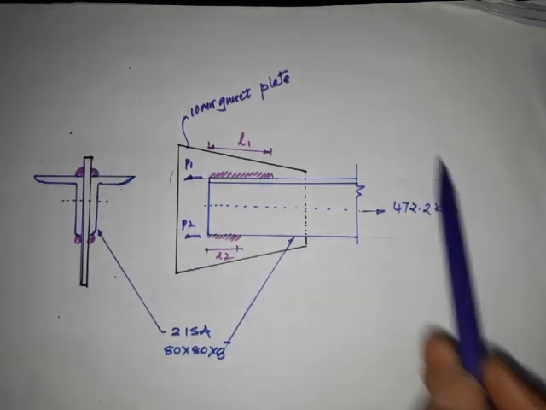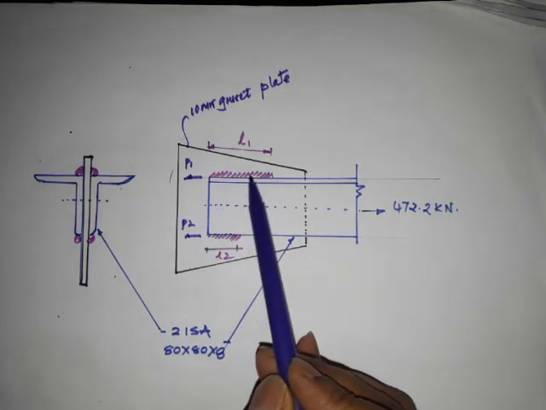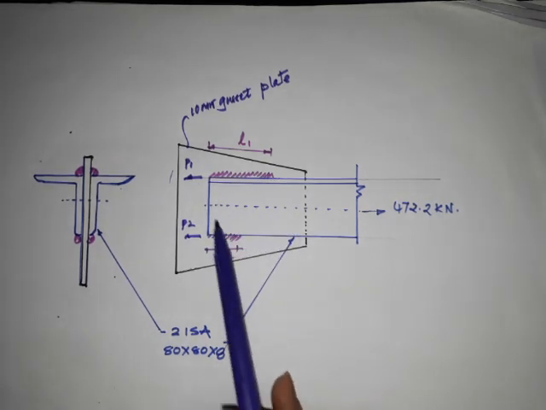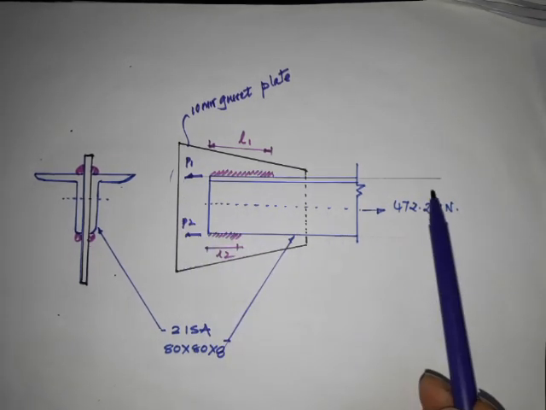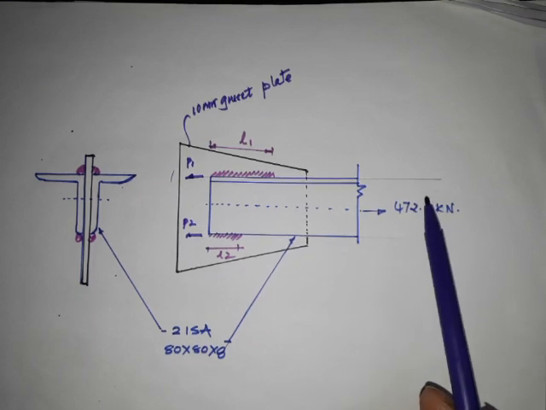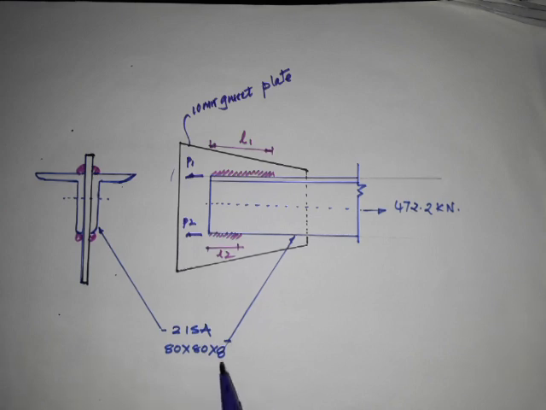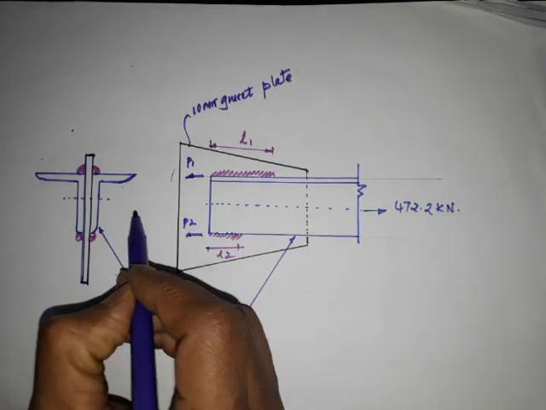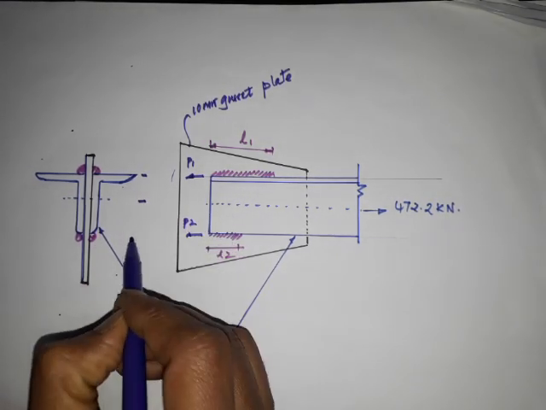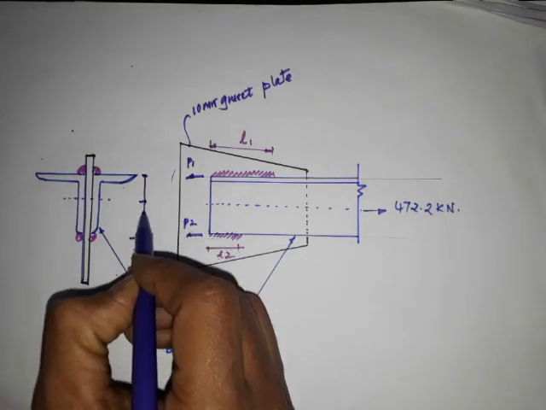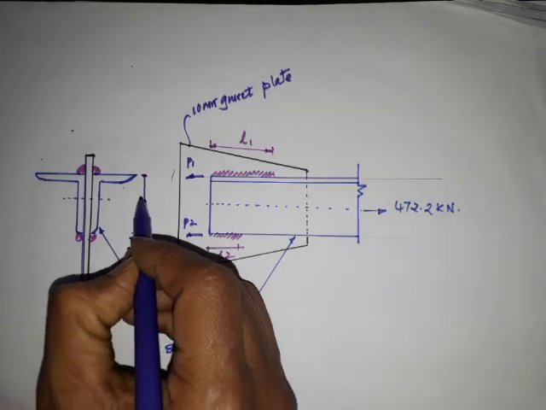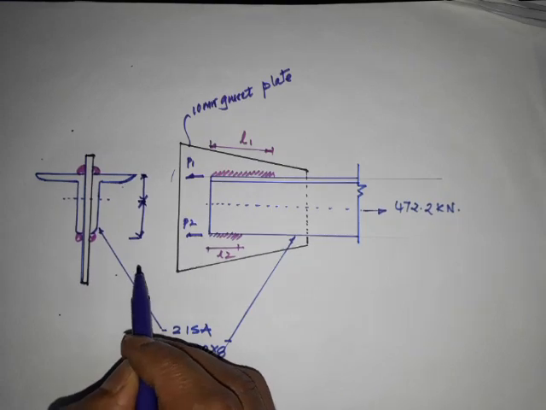So this is the connection detail, and we are going to provide it with welding, and that welding has to carry the force which is applied over the member. Clear? So we are going to find out P1 and P2. For that again you have to note down the CG distance. This distance we should have. This we get from the steel table.